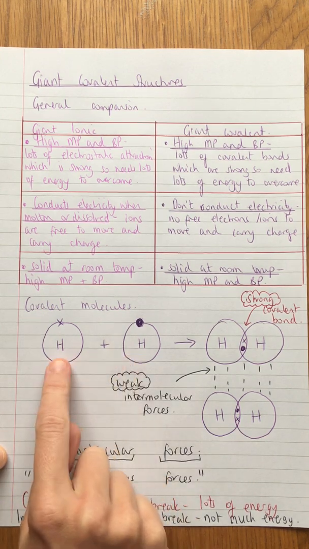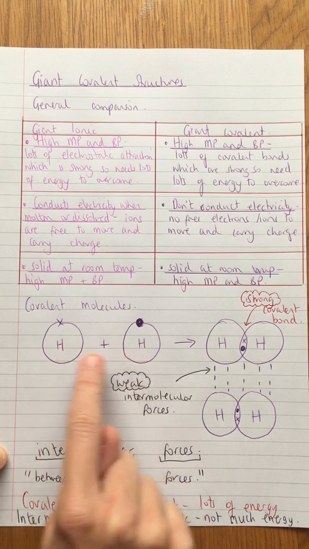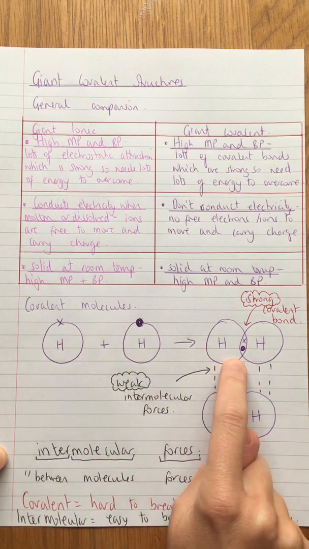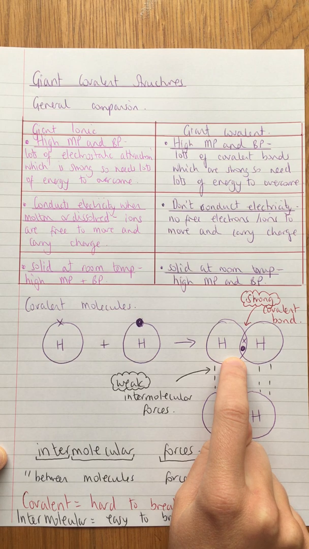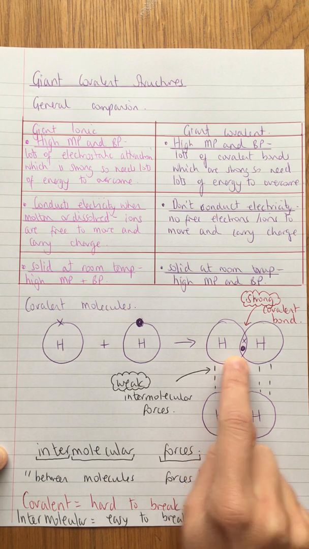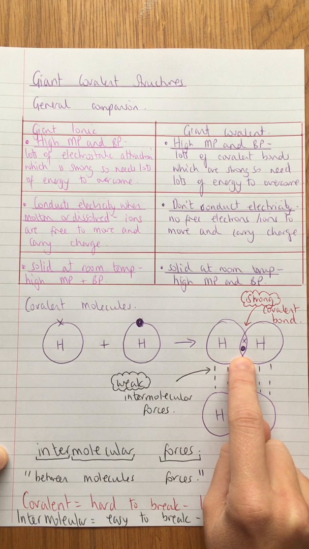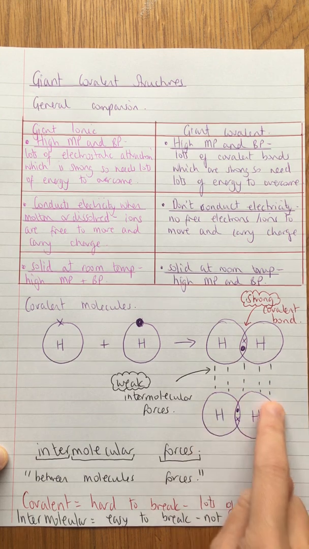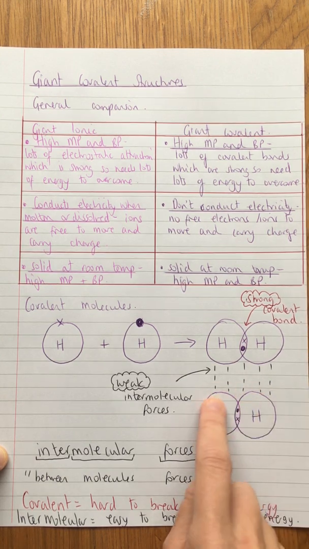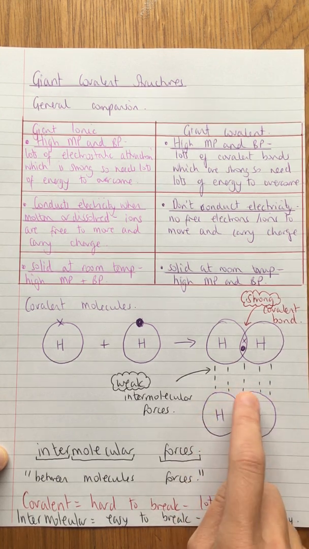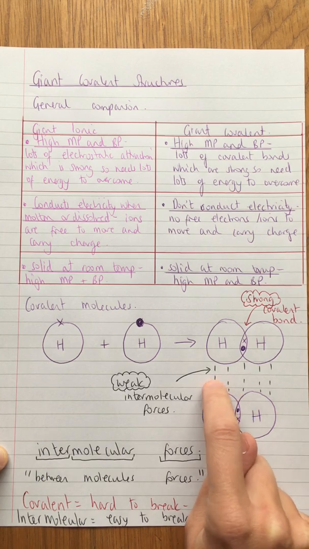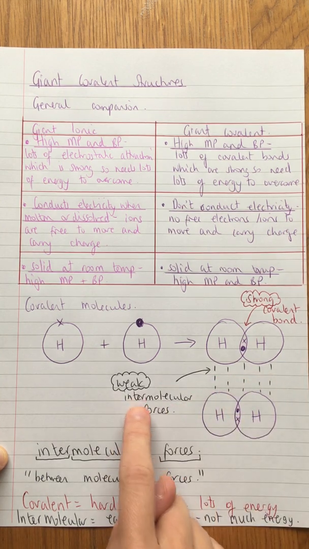So I've got two hydrogens here, each one needs one, each one will share one to form our covalent molecule. Our covalent molecule is held together by a strong covalent bond. Now if another covalent molecule comes nearby, like this one here, they have this sort of force of attraction. They're called intermolecular forces.